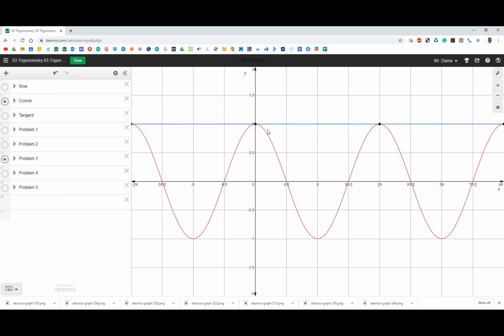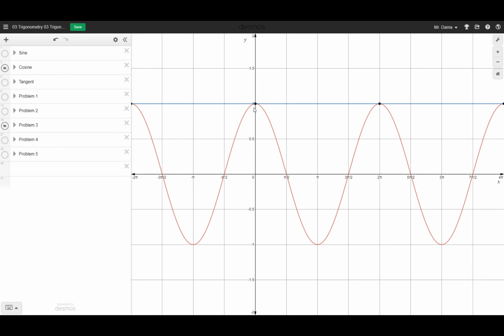But if I quickly have a look, the first solution happens here, and once again it happens after 2 pi. So that makes sense. When cosine of x is equal to 1, it happens every 2 pi. Similar to how we did before.